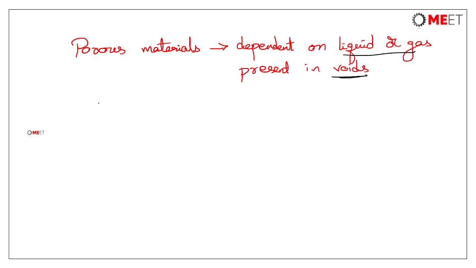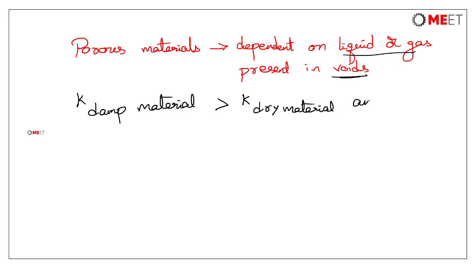And thermal conductivity of damp material is considerably higher than the thermal conductivity of dry material and water when taken individually.